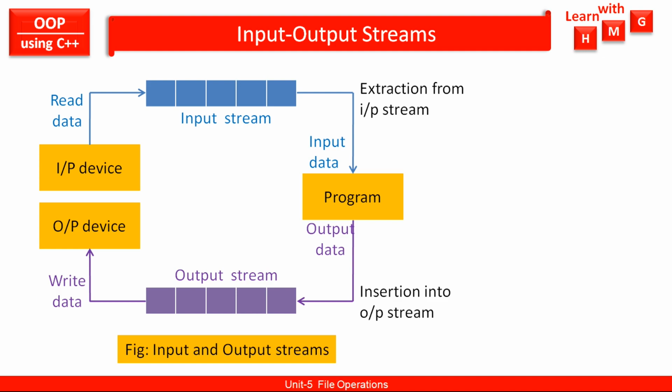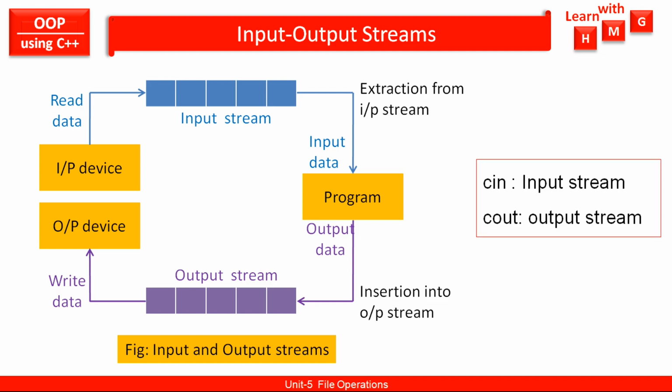This particular diagram is labeled as input output streams. The input stream is represented by the object named cin, while the output stream is represented by the object named cout.